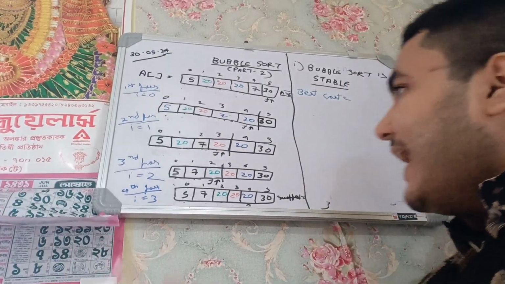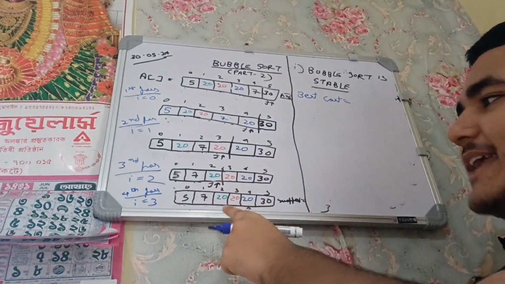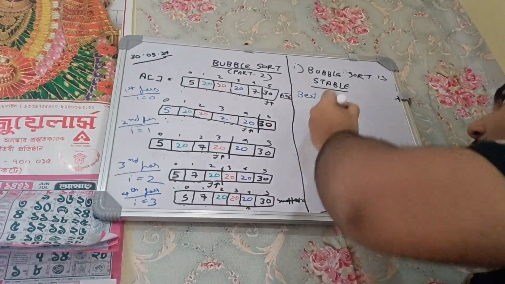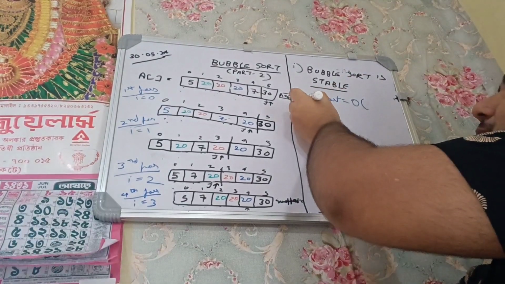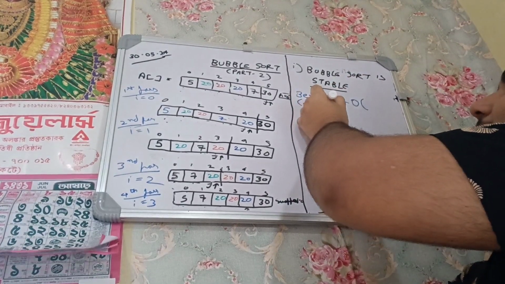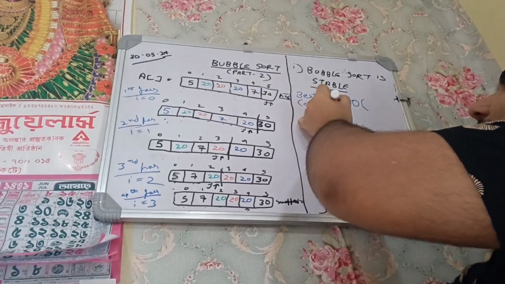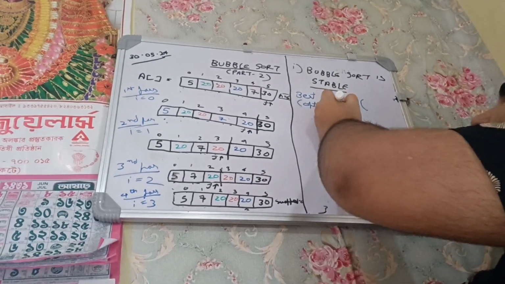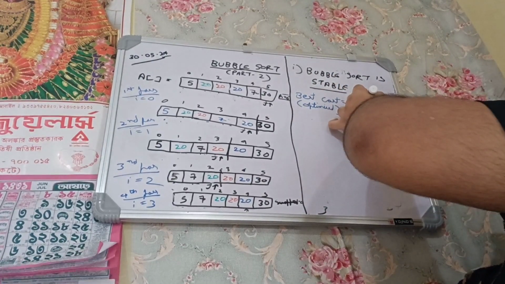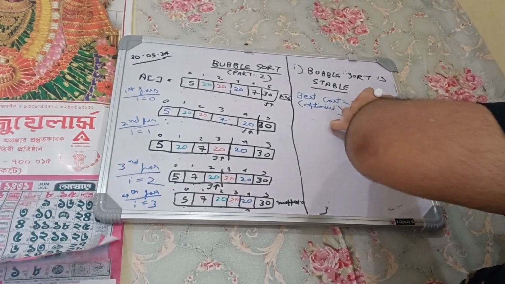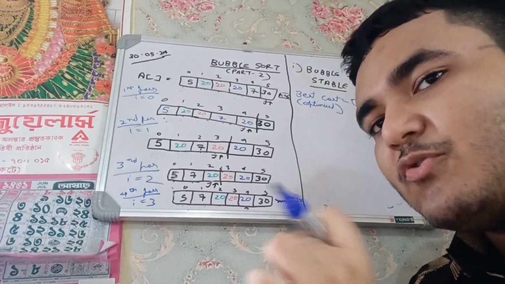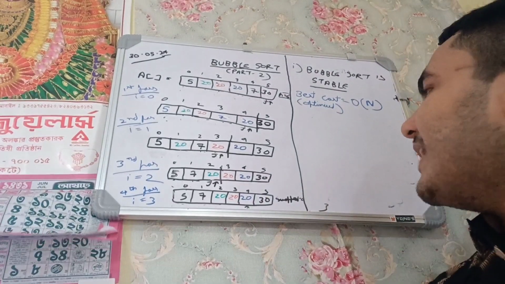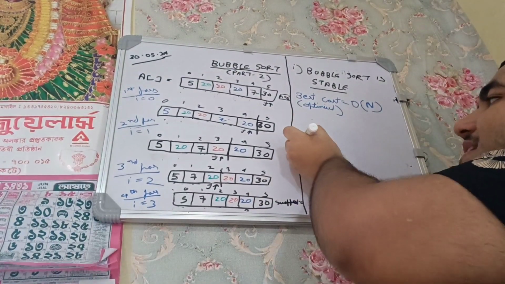Therefore, as J moves n times up to the length of the array, the non-optimized one is always big O of n square. But in the case of optimized bubble sort, the best case time complexity becomes big O of n.